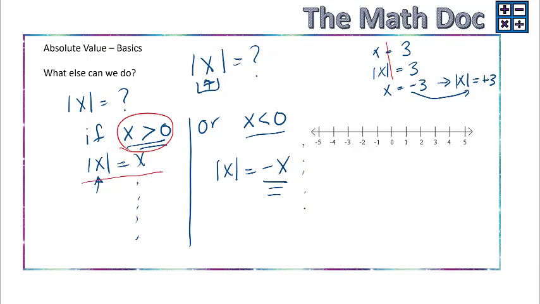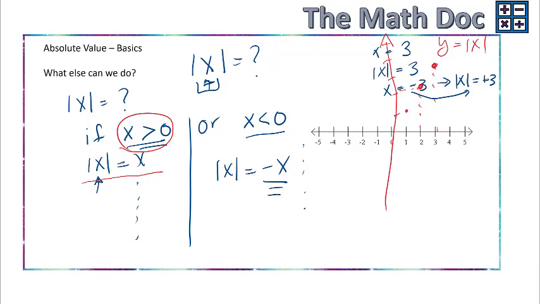So let's draw the y-axis here, and we'll say that y equals the absolute value of x. So for x equals 1, the absolute value of x is just 1. For x equals 2, the absolute value is 2. For x equals 3, it's 3, right?